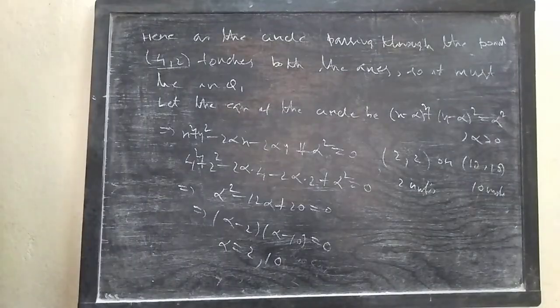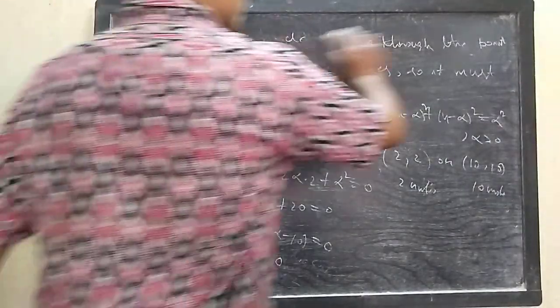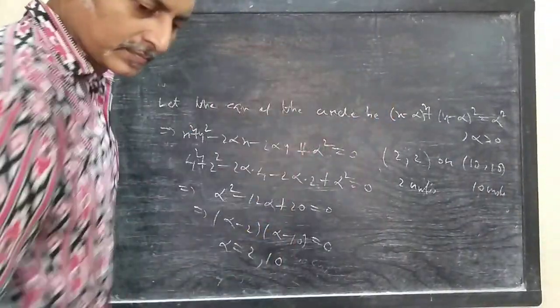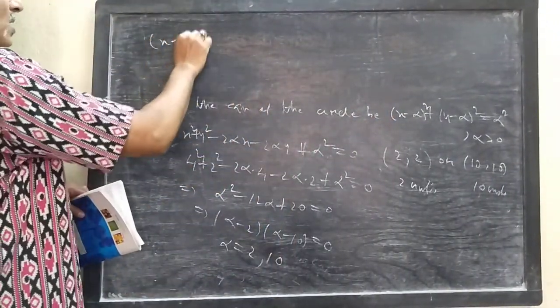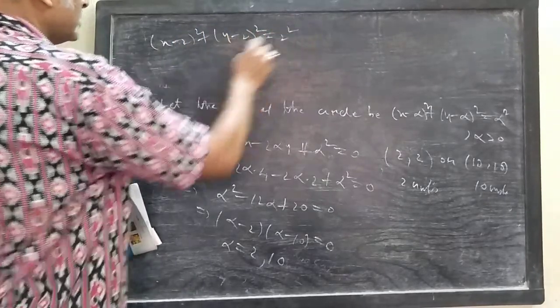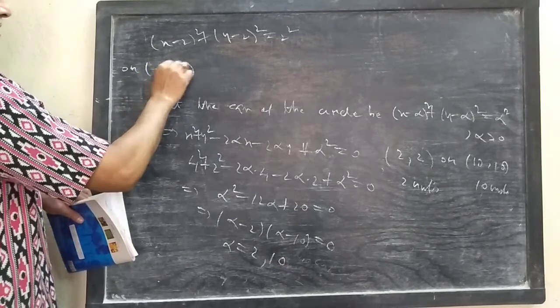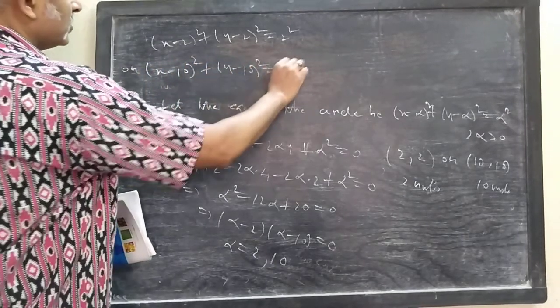So now you can write the equation of the circle as (x minus 2) whole square plus (y minus 2) whole square equals 2 square, or (x minus 10) whole square plus (y minus 10) whole square equals 10 square.